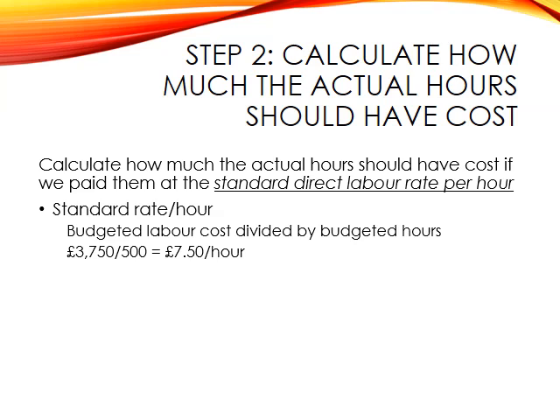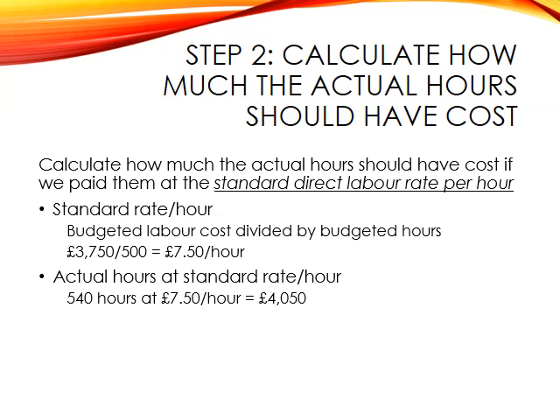So that works out at £7.50 per hour. I can now calculate the actual hours at that standard rate per hour. So the actual hours were 540 at £7.50 per hour. Those actual hours should have cost me £4,050.